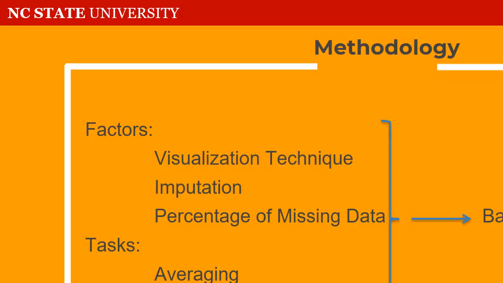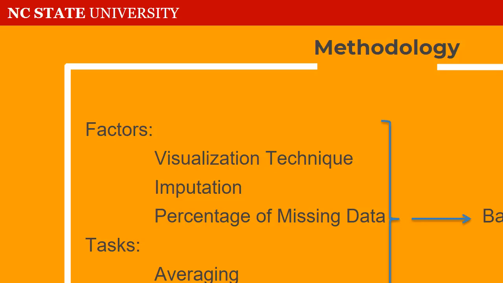So considering these two factors plus different percentages of missing data and two tasks of averaging and the slope of the changes, these methods are tested on bar and line charts. And the data used here is the frequency of tweets per minute in 1 hour.